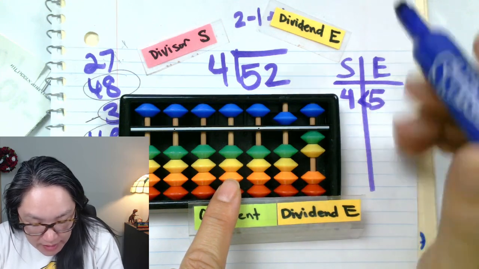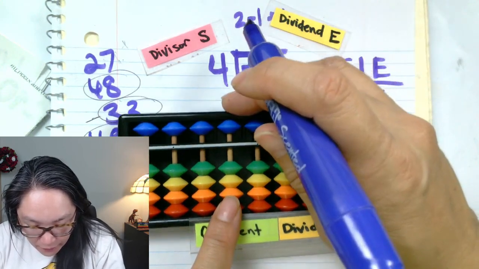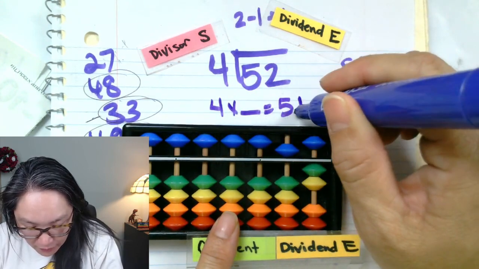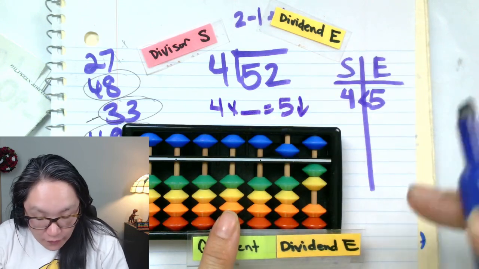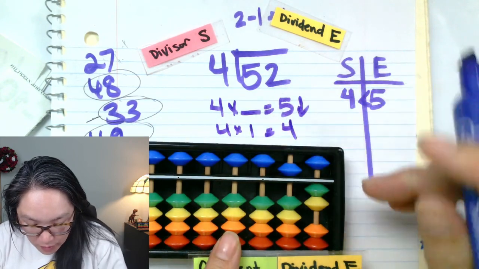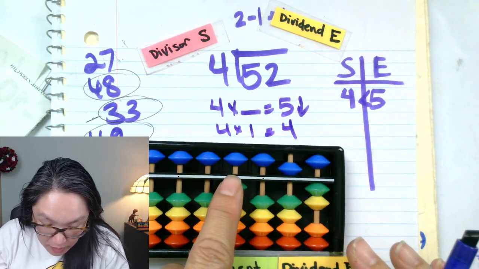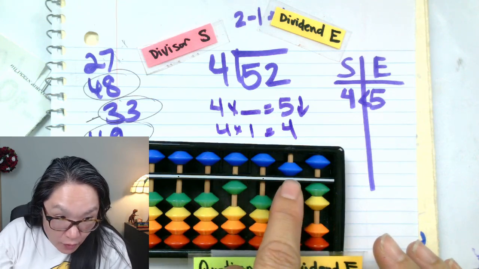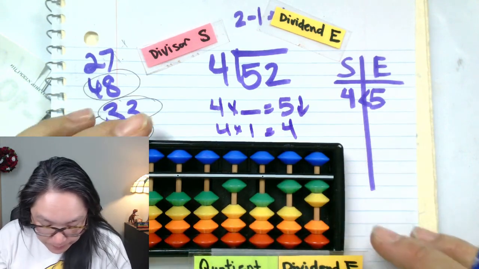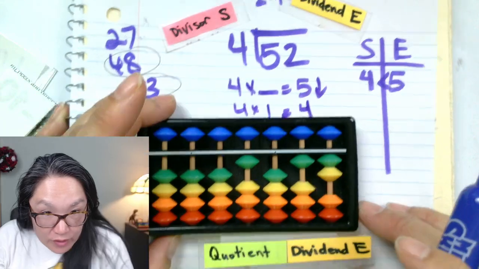So all we need to do is understand 4 times what is equal to 5 or less. 4 times 1 is equal to 4. So I'm going to add the 1 here, and I'm going to take the 4 away. So minus the 5, plus the 1. Now I'm left with 12.